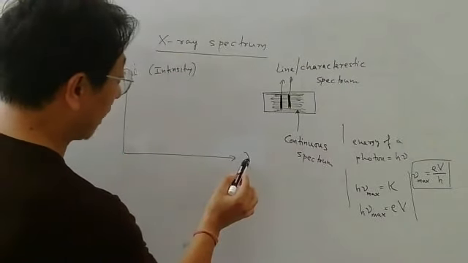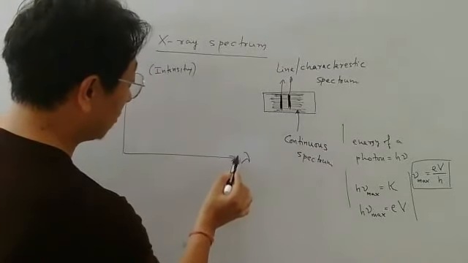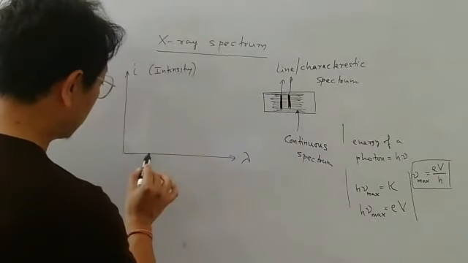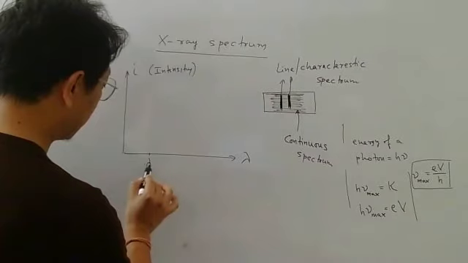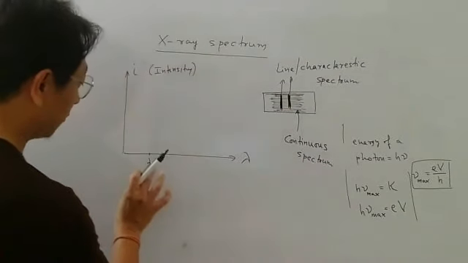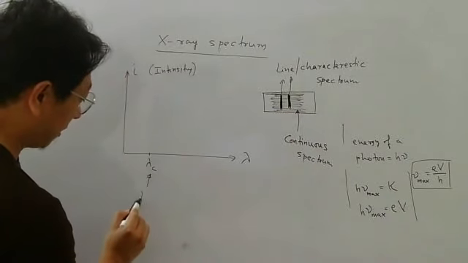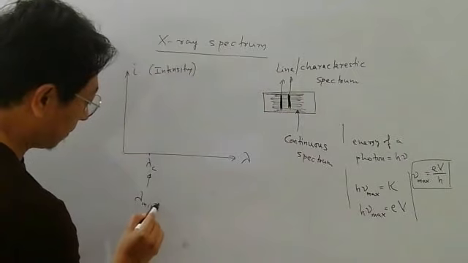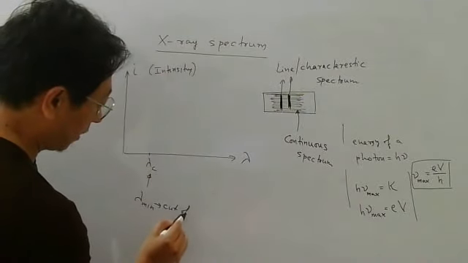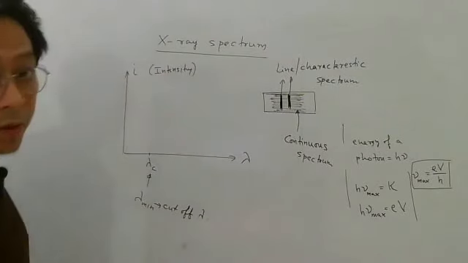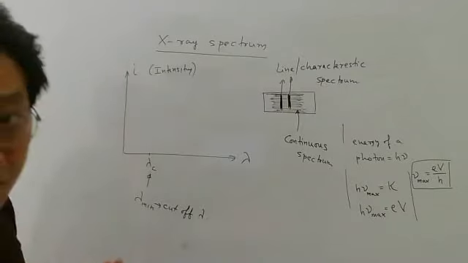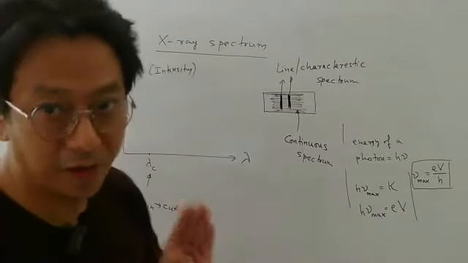As you know, it has a minimum cutoff wavelength. So less than some wavelength, the cutoff wavelength, let me write lambda c. So this is your lambda minimum, the cutoff wavelength. Less than this, you will not have any emission of X-rays.